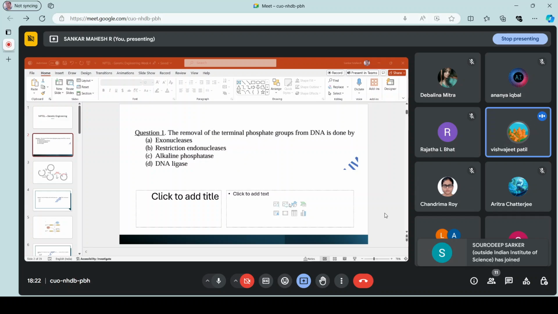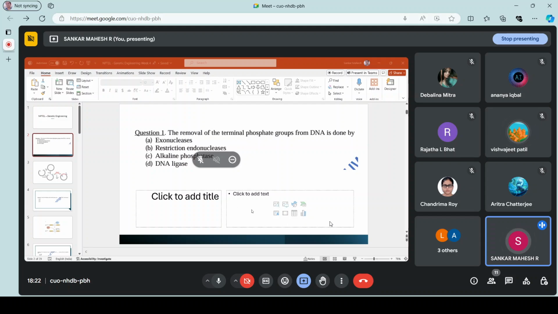You have a 5' end and a 3' end, and you're saying the DNA ligase would create a bond between these smaller fragments. Okay, it's partially right, partially incorrect, but I would explain the mechanism with which that would happen.